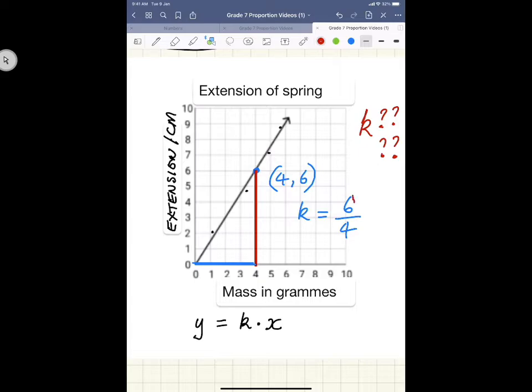So therefore it's 6 divided by 4, 6 here and 4 here. So our rule at the bottom, we can replace that k now with a cheeky 1.5.